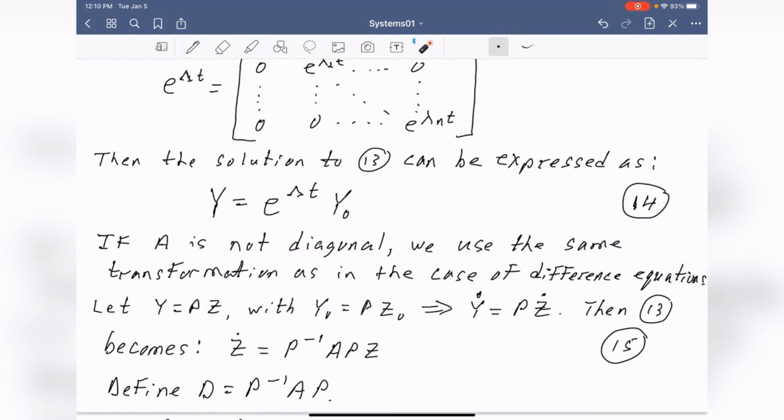If A is not diagonal, we use the same transformation as we did in the case of difference equations.